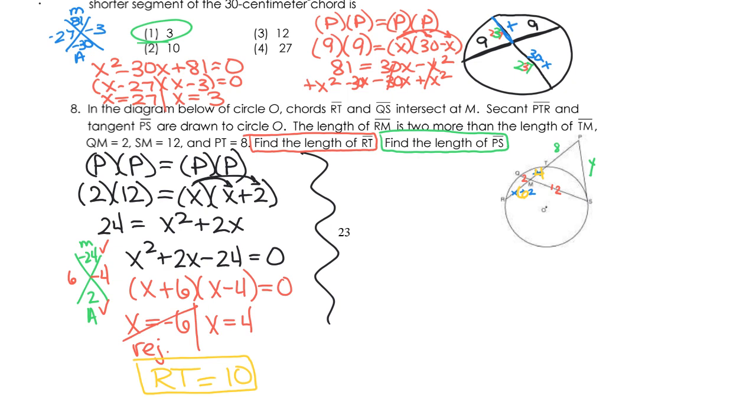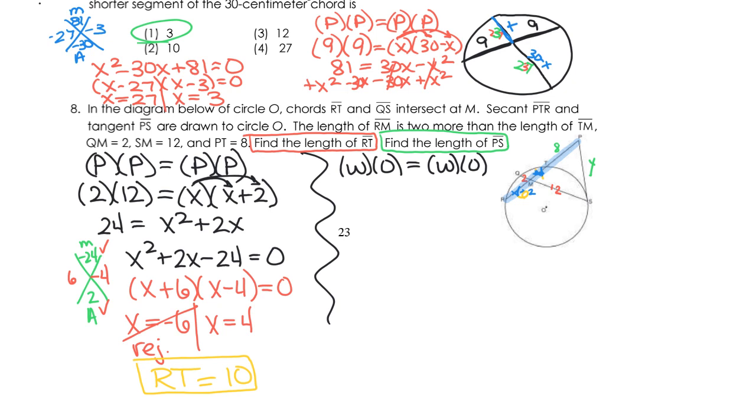Well, y is a tangent, okay? And we also have a secant, and so we're going to follow the formula of whole times outside equals whole times outside, okay? And so we'll look at the secant first to figure out the whole and the outside, okay?